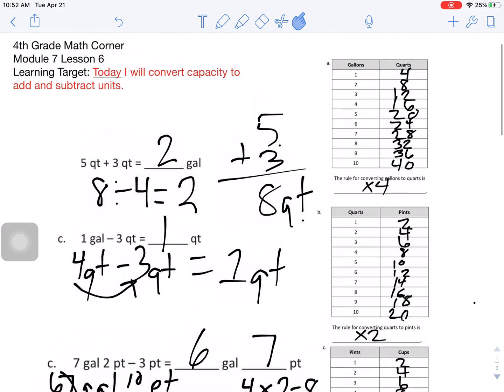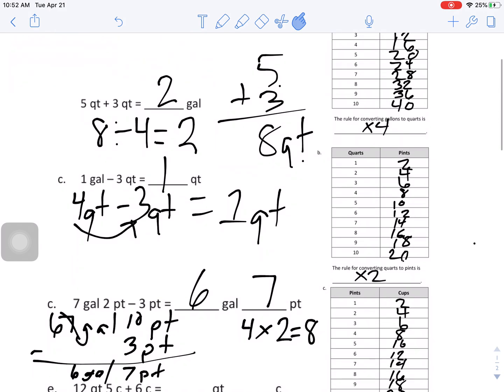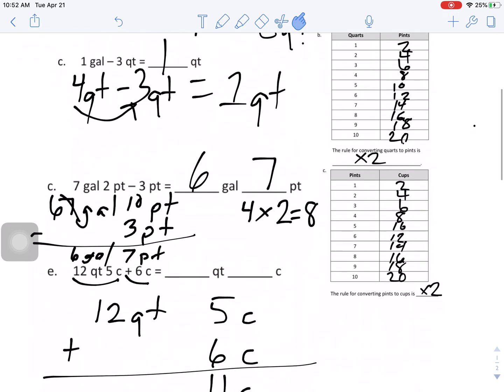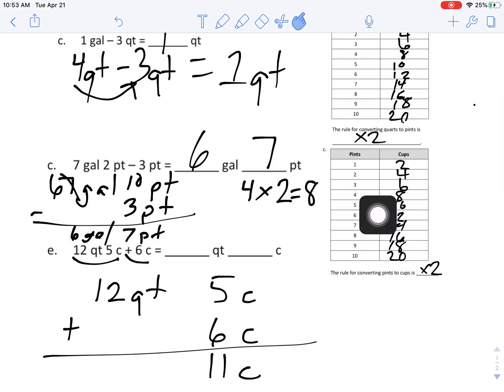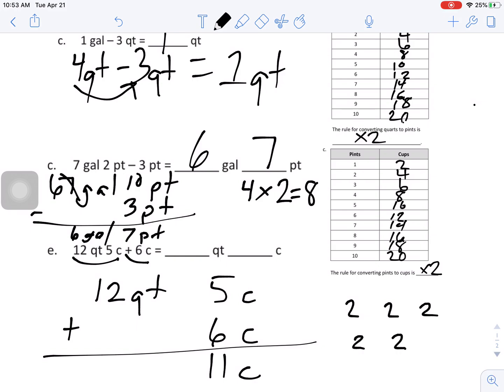This is really tricky. It's going to take a lot of steps because I have cups to pints, pints to quarts. So I know I have 11 cups. How many pints would that be? There are 2 cups in each pint. So 2, 4, 6, 8, 10, that would be 5 pints, but I would have 1 cup left over to make my 11.